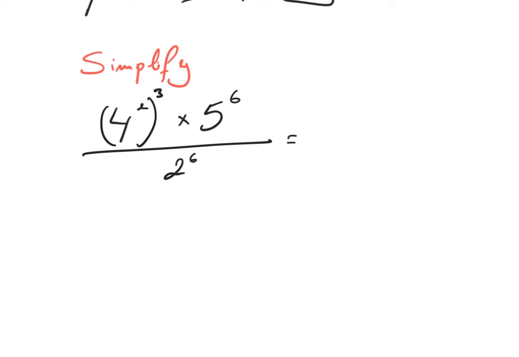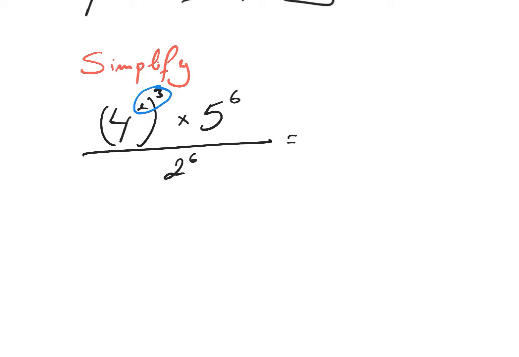So we have another example here. We're going to simplify 4 squared to the 3rd power times 5 to the 6th power over 2 to the 6th power. As we can see, we can use the power rule on the first step here. For 4 squared to the 3rd, we keep the base 4 and multiply 2 with 3.